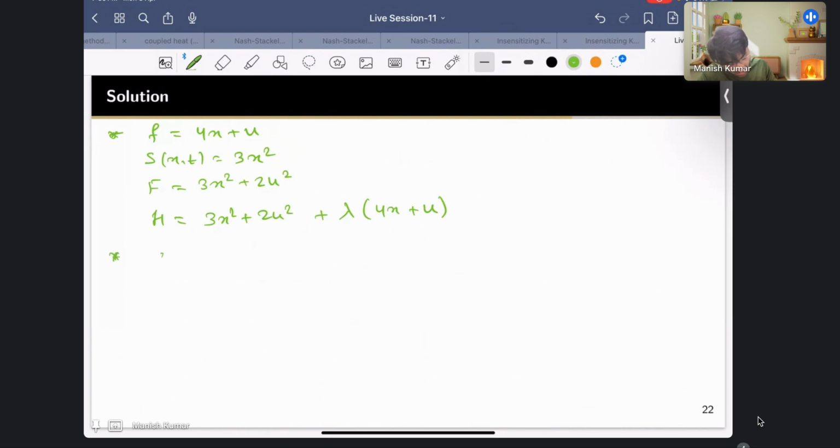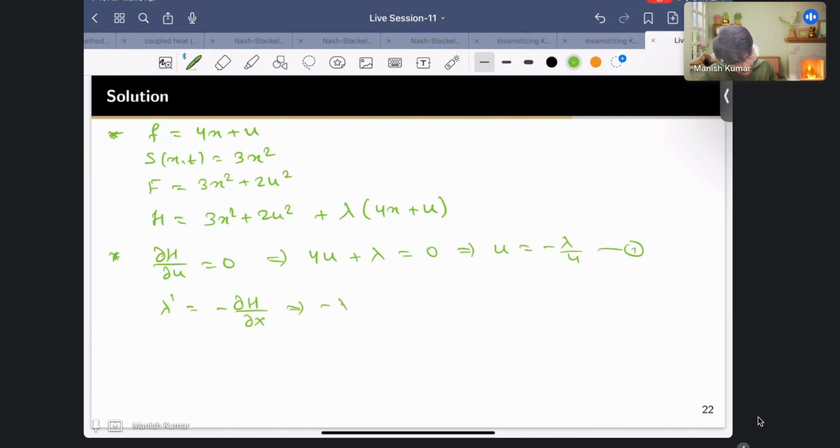Now the first thing was del h by del u is equal to 0. So you'll get 4u plus lambda equal to 0. So from here you get u equals minus lambda by 4. The second one was that lambda prime is equal to minus del h by del x, right?